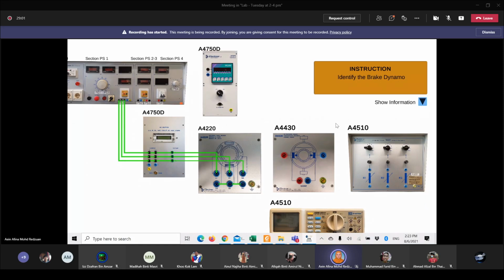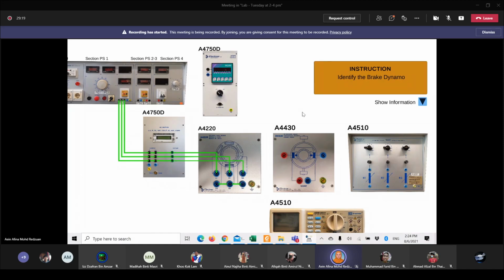Alright. You are familiar with the power supply, the analyzer, the asynchronous squirrel cage motor. So where is the brake dynamo?